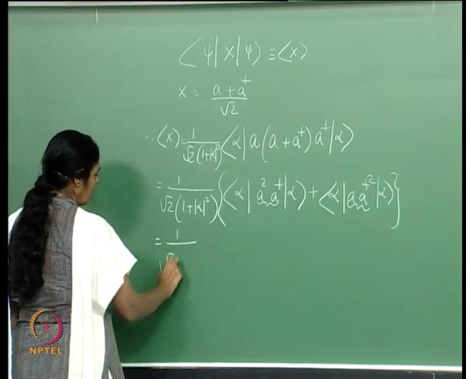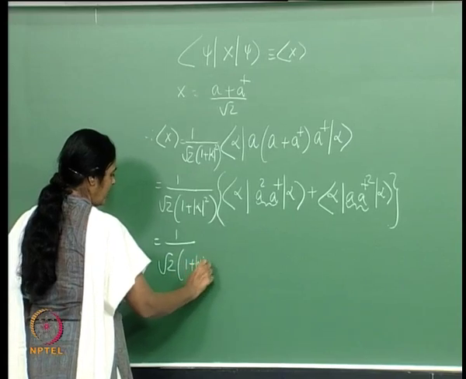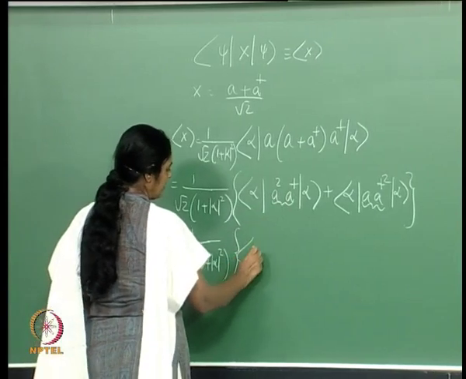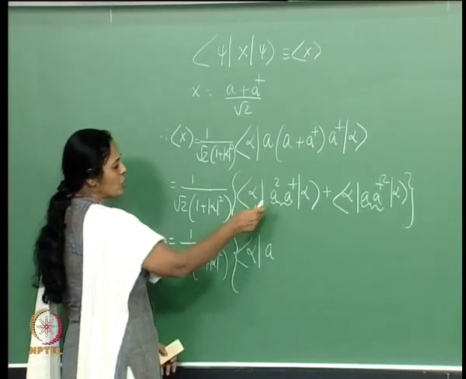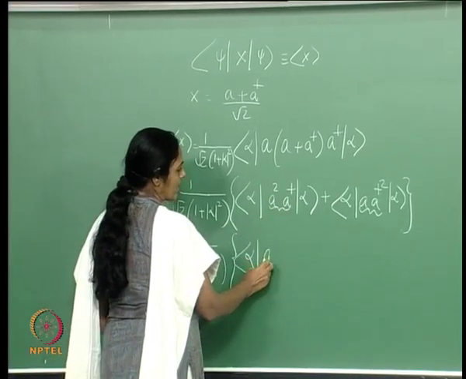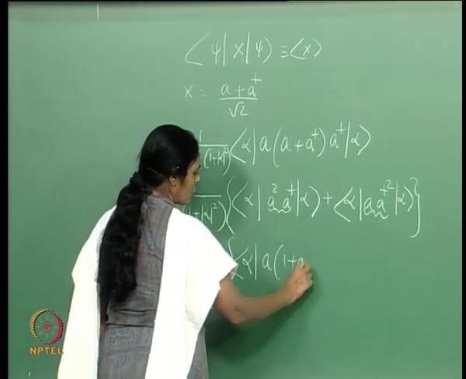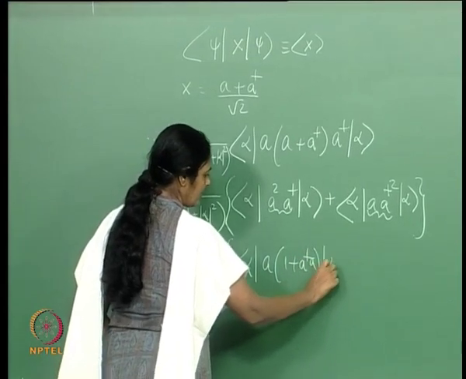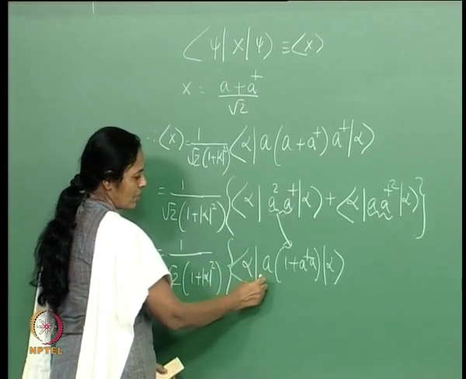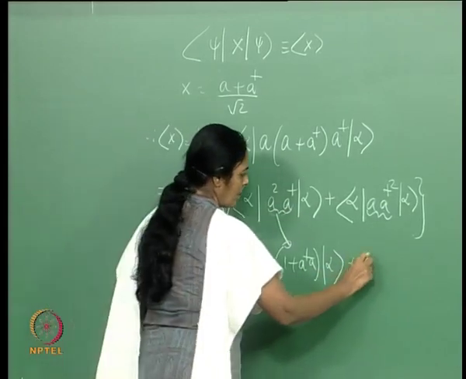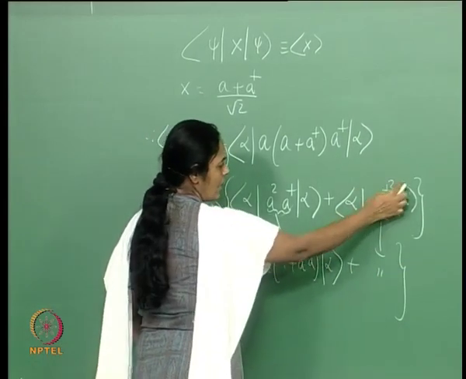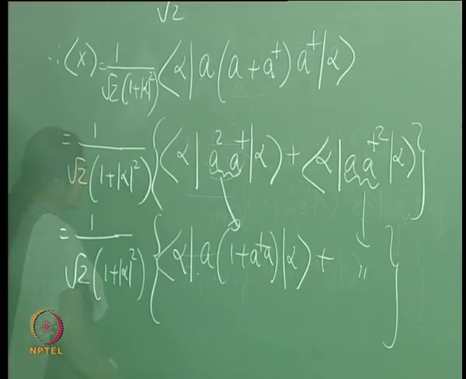So, I have 1 by root 2 times 1 plus mod alpha squared. Look at this. Once more, it is good to shift A to that side. So, I have A times A dagger, which is 1 plus A dagger A. So, I have just written this operator out here plus this operator. So, this number is the complex conjugate of that number.